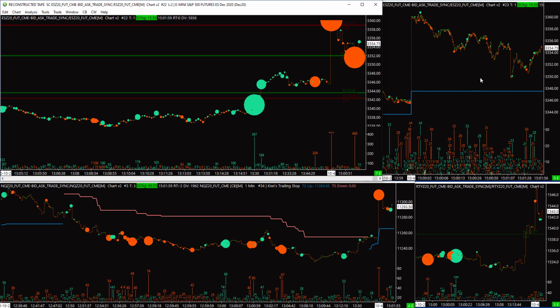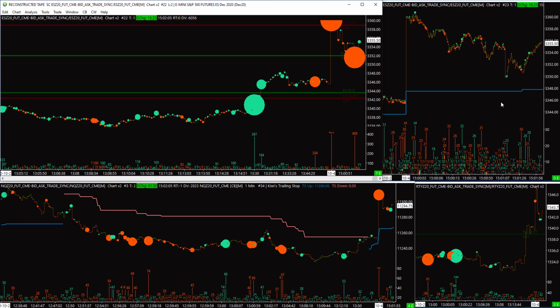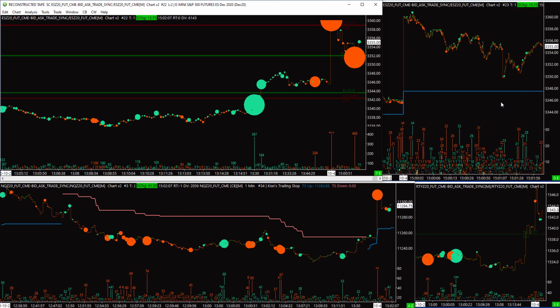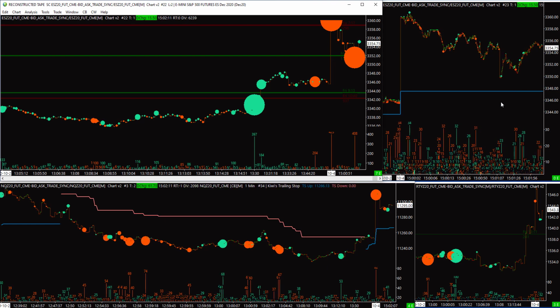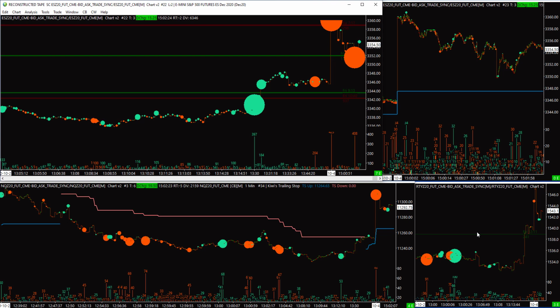The one on the right is also ES, but it's looking at a shorter number of contracts. So the left looks at contracts from, I want to say, 1 lots to 34 lots. And the one on the right looks at 34 lots and higher. Then we have the NQ tape bottom left and the Russell tape on the bottom right.